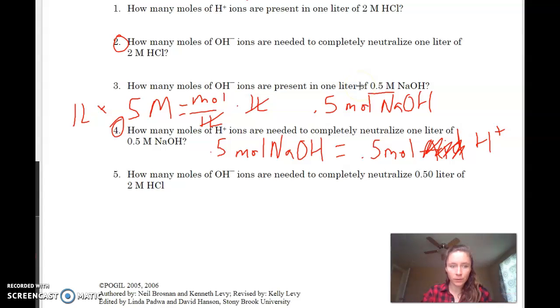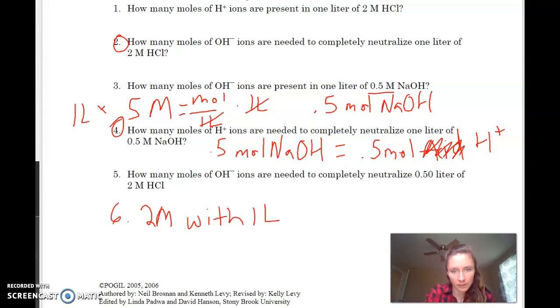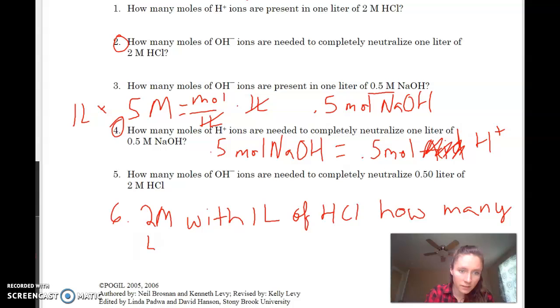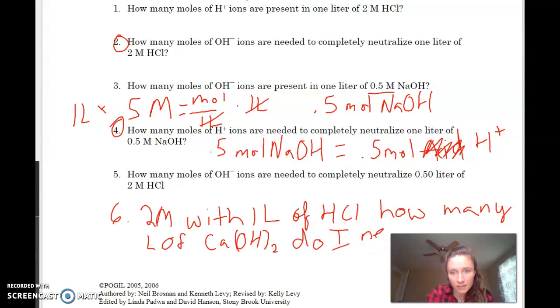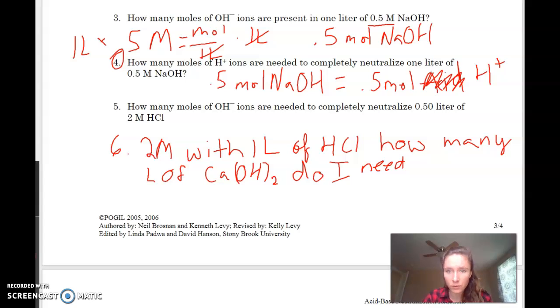So if I gave you a question that said, I have a 2 molar solution with 1 liter of HCl, how many liters of calcium hydroxide do I need to neutralize?